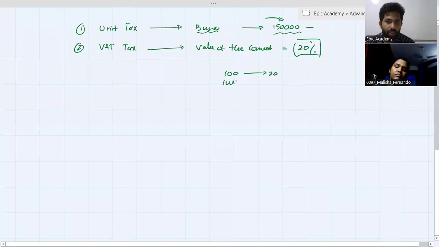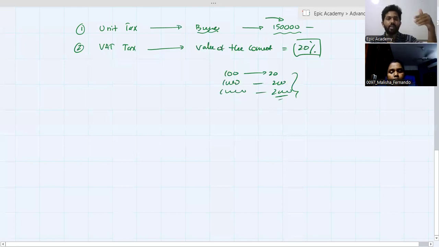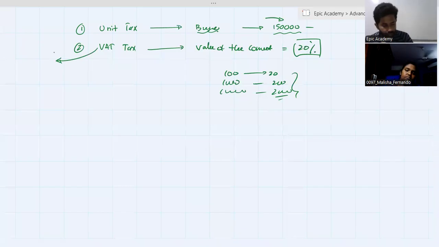If the value of the commodity is 1000, you have to pay 200 rupees. If the value of the commodity is 10,000, you have to pay 2,000. So this is how the ad valorem tax works. This is based on the value of the commodity. Ad valorem tax is always represented by percentage values. In Sri Lanka, it is mostly famous as VAT, value added tax.